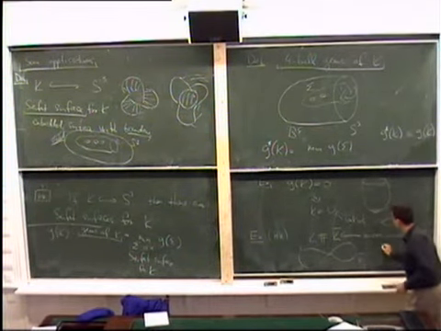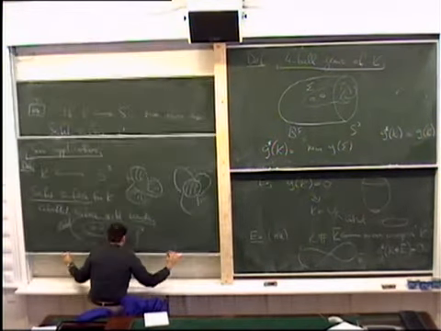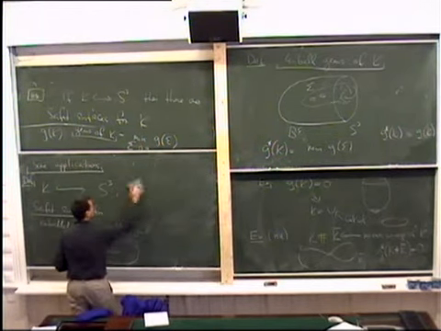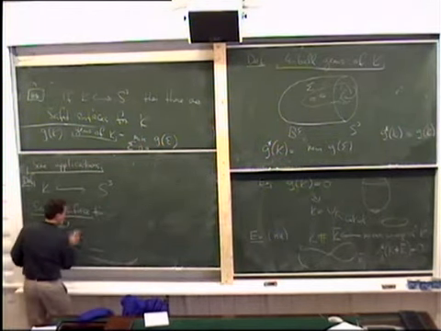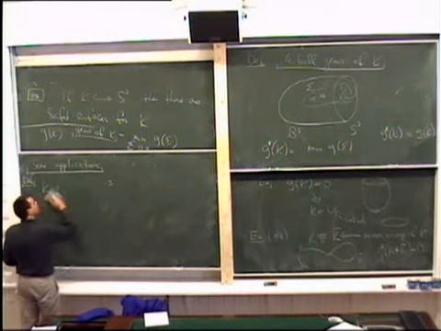So these are some invariants for knots, and there are some interesting problems, especially for the four-ball genus.